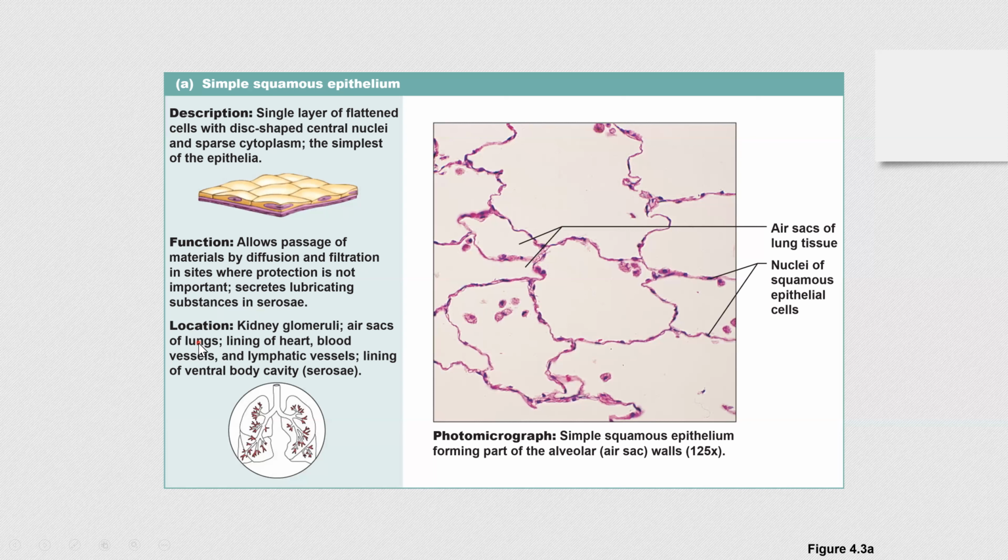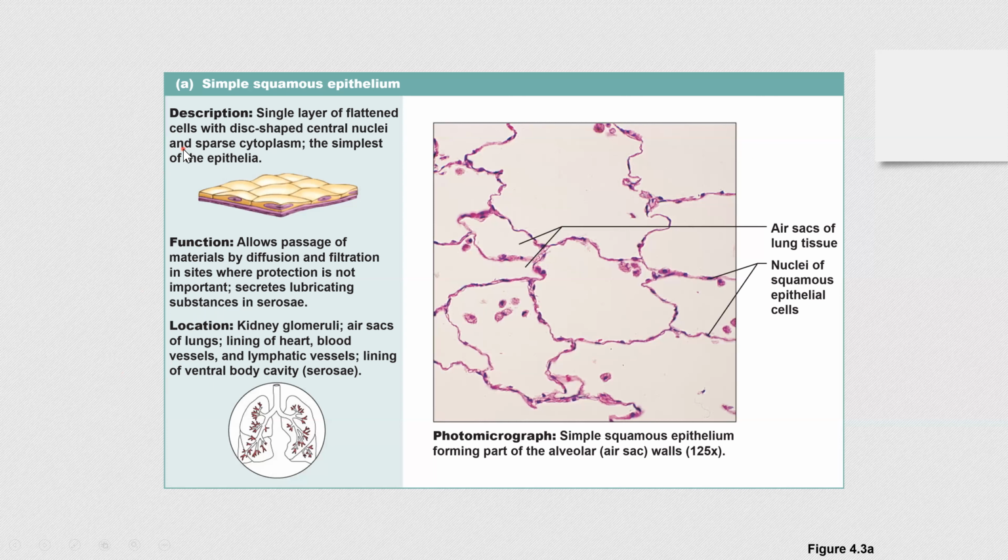Air sacs, we need diffusion. Lining of the heart, blood vessels, and lymphatic vessels, lining of ventral body cavities, so they form a serous membrane, right? Now, please pay attention that the structure and function, right, they are inseparable.